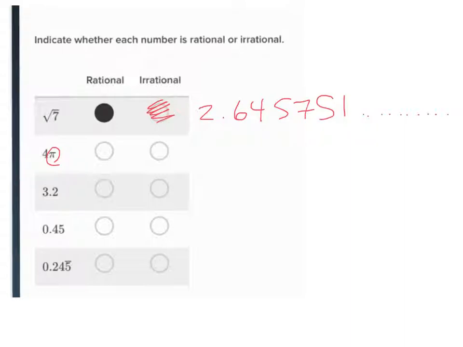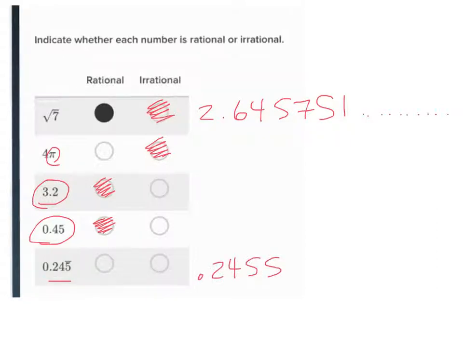Well, if you multiply it by 4, it's still going to be irrational. 3.2 is a terminating decimal, so it's rational. 0.45 is a terminating decimal, so it's rational. 0.245 with a line over it means 0.245555, and it just keeps going forever, but it has a pattern. That makes it rational.